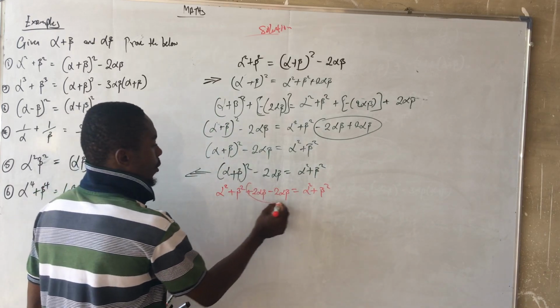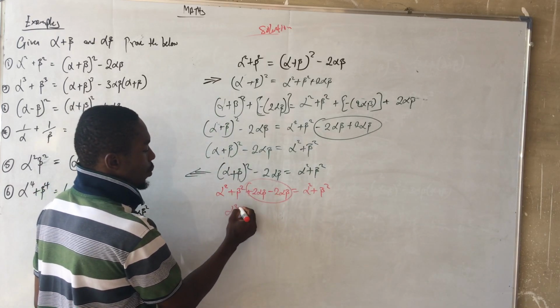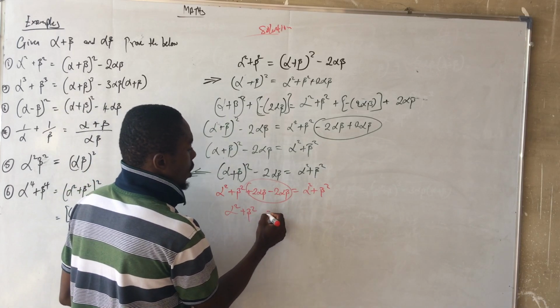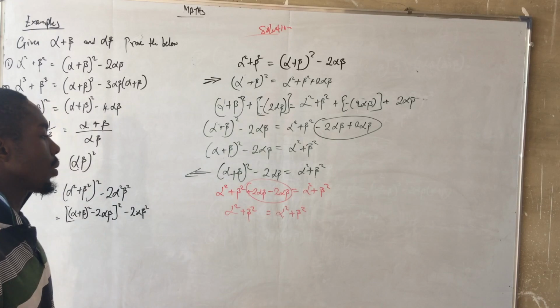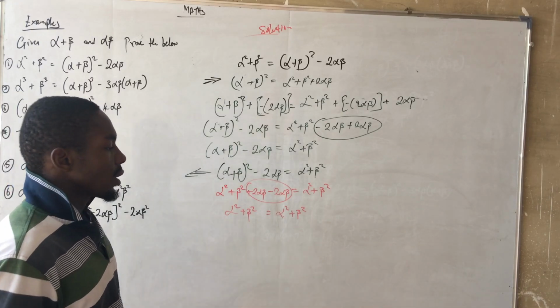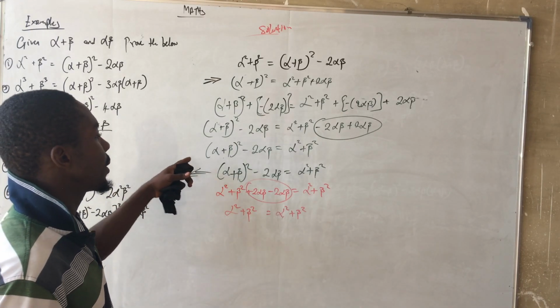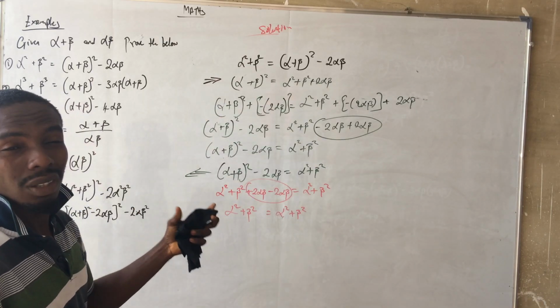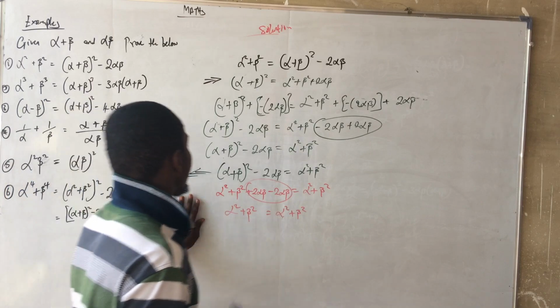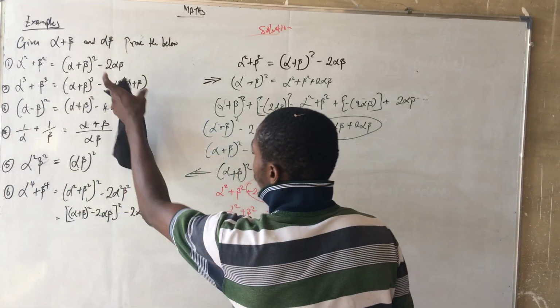So now this is going to take care of this. I will now have alpha square plus beta square is equal to alpha square plus beta square. So now the left hand side is equal to the right hand side, and here I've shown that this is equal to this, meaning that I've proved this first number one on the board.